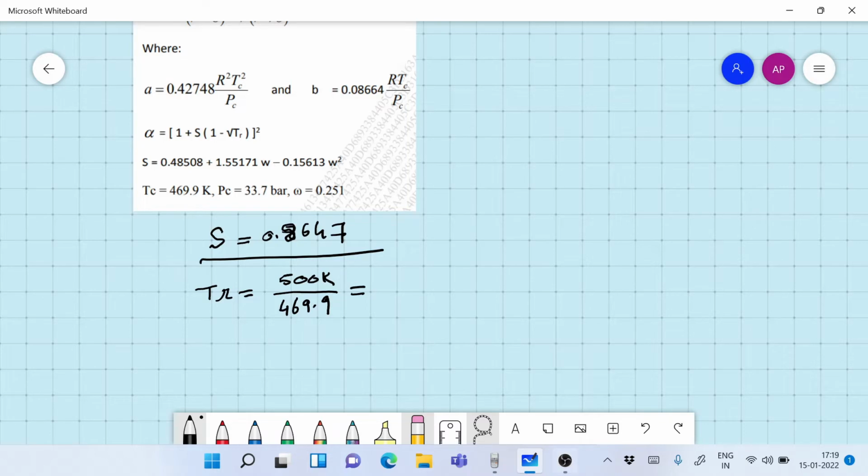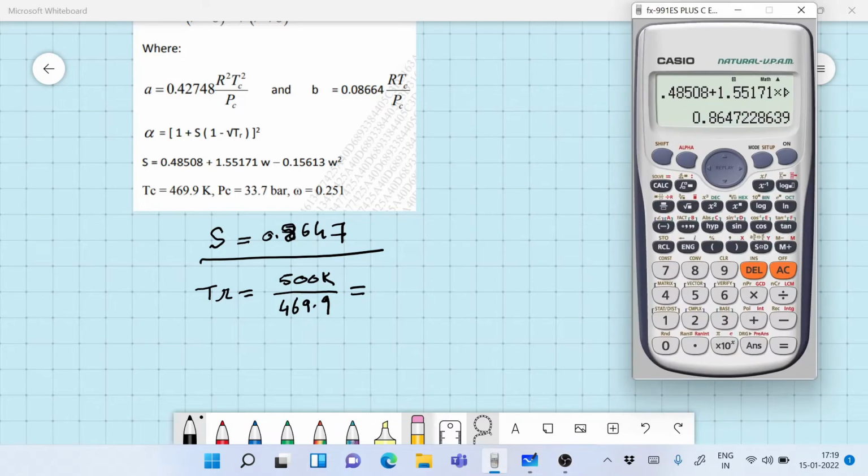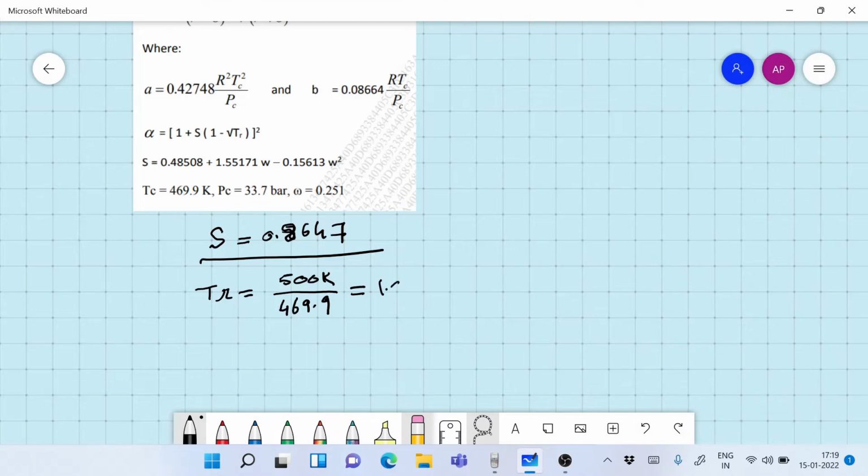So the reduced temperature is 500 divided by 469.9, and that's 1.064. Now, mind you, this does not have any units, so we make a note of it.